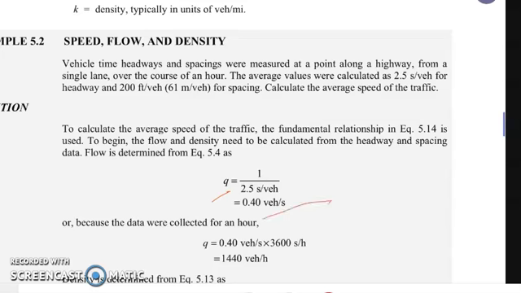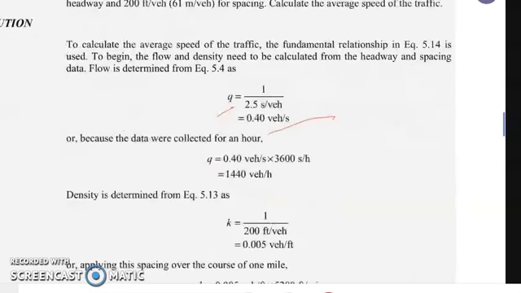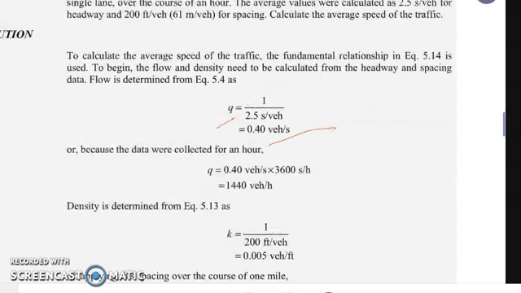Now the data were collected for an hour, so we have Q times 3,600. Since this is vehicles per second, we convert it to hours. So we have a value of 1,440 vehicles per hour.